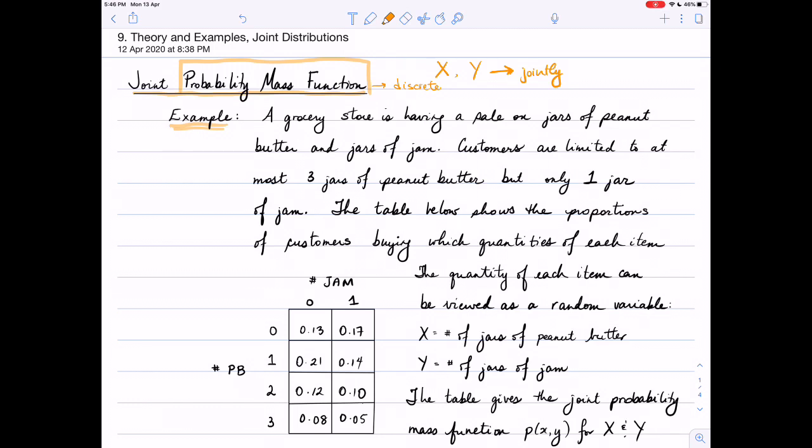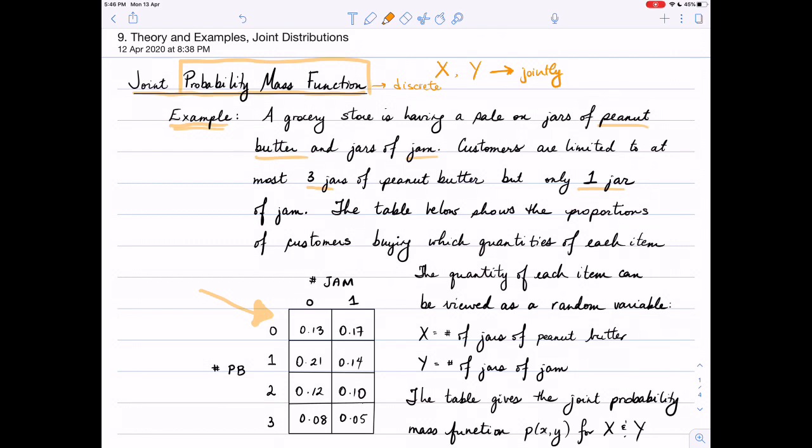A grocery store is having a sale on jars of peanut butter and jars of jam. But due to limited quantities, for whatever reason, customers are limited to buying at most 3 jars of peanut butter and at most 1 jar of jam. The table below shows the proportions of customers buying different quantities of each item.